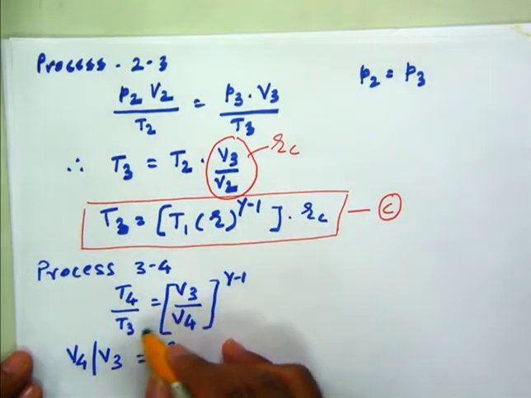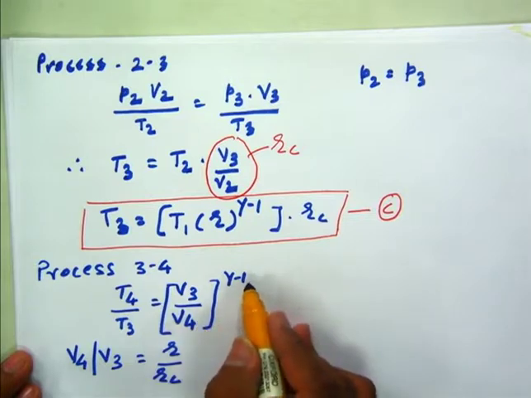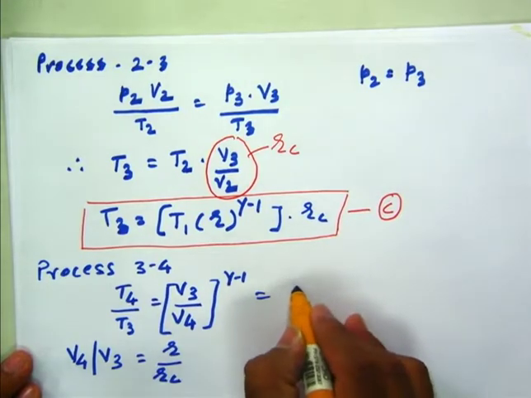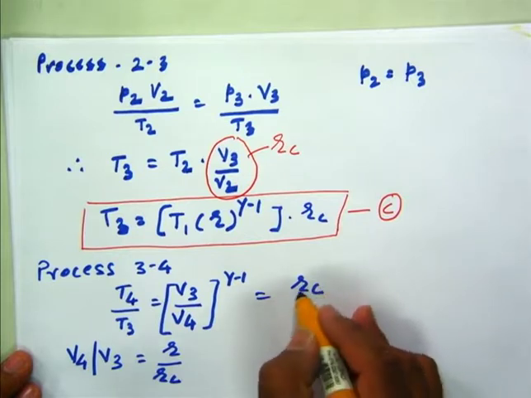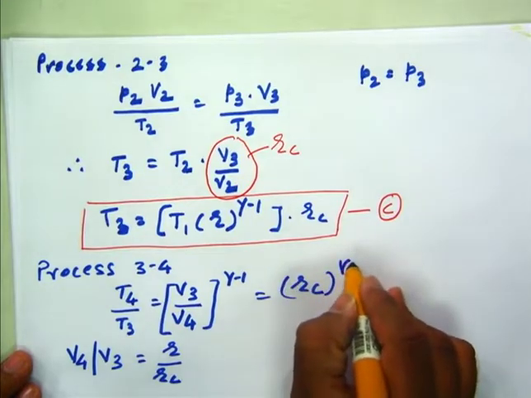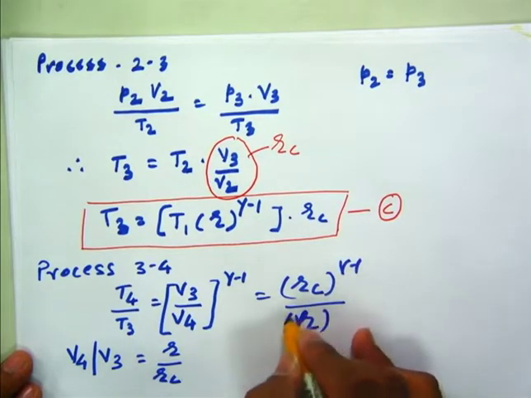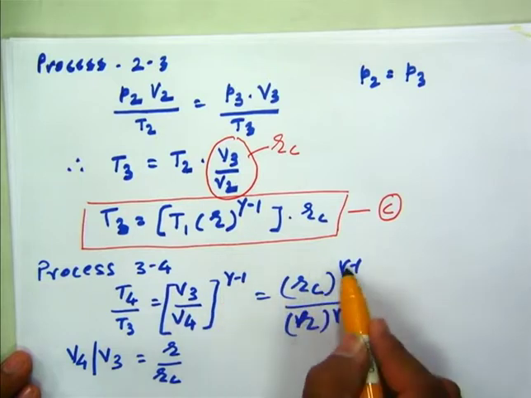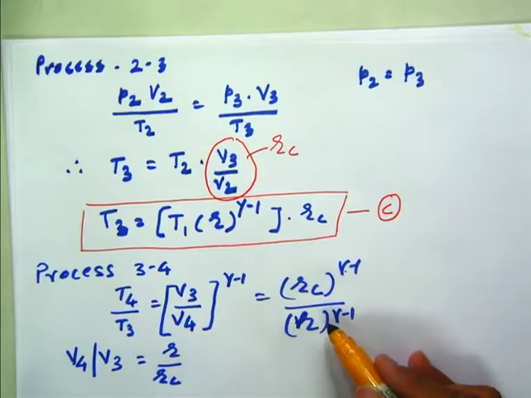So V3 upon V4 is RC upon R, and we have opened the bracket, putting gamma minus 1 on the numerator and gamma minus 1 on the denominator.